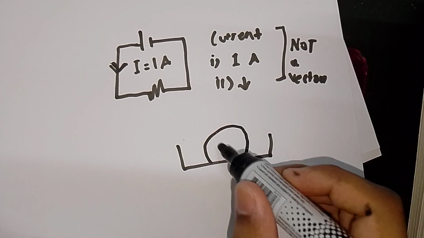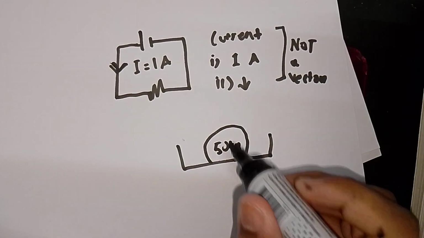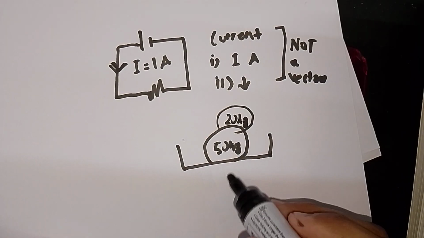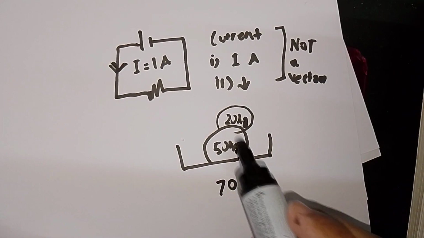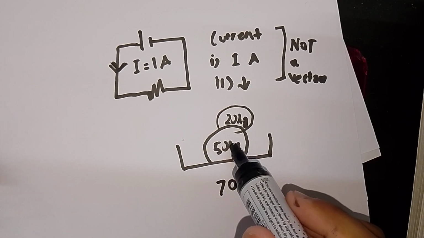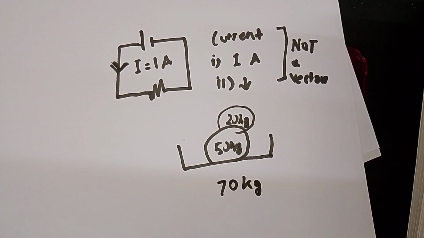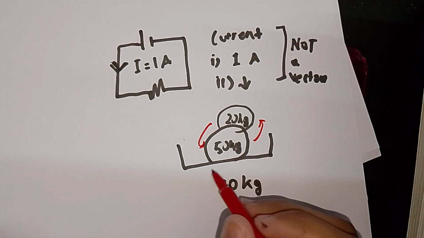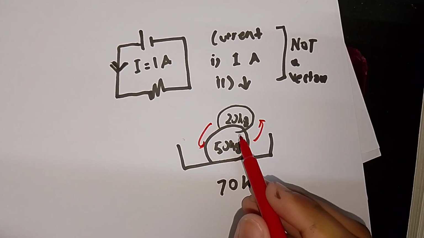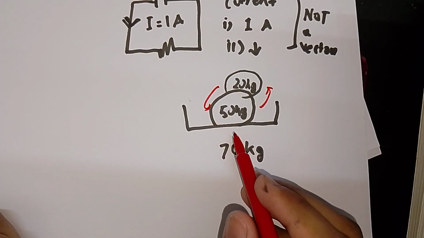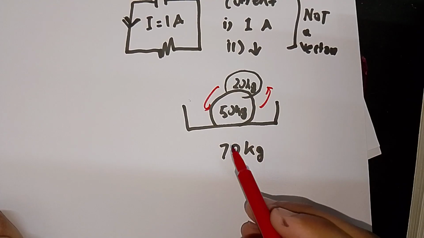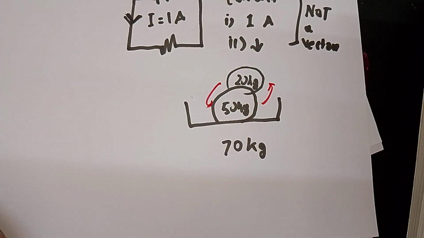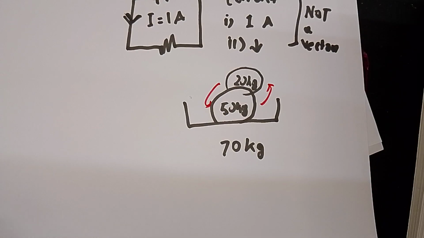If you put an object of 50 kilograms and then on top of it, if you add 20 more kilograms, we're going to see a weight of 70 kilograms, right? You just add these two together. Even if you swap these two objects around, like if you had the 20 kilogram on the bottom and this on the top, we would still get 70 kilograms regardless, right? So with scalar quantities, all you need to do is add the values up.